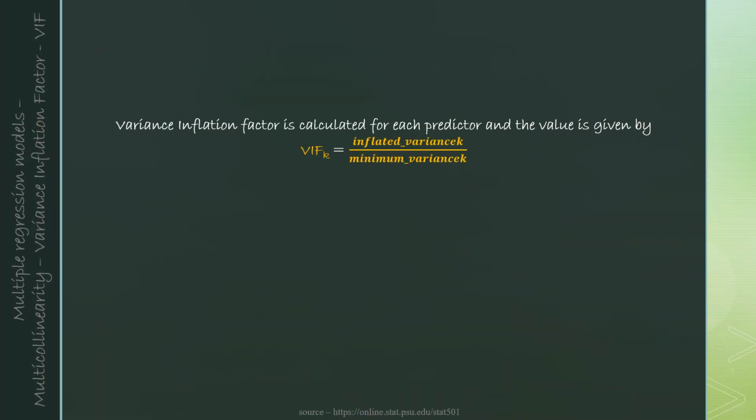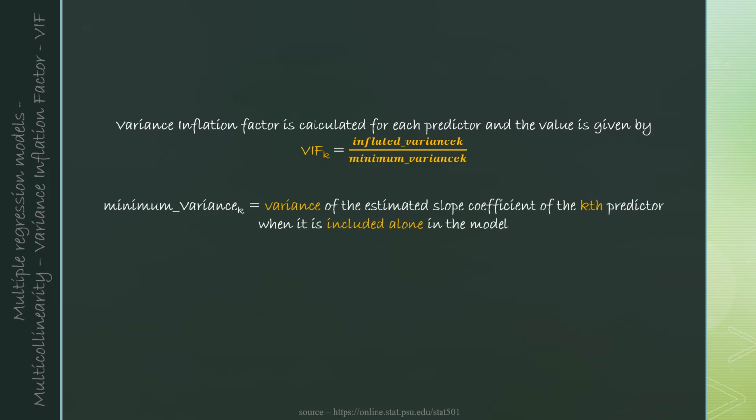Variance inflation factor is calculated for each predictor and the value is given by VIF k equals inflated variance k divided by minimum variance k, where minimum variance k equals variance of the estimated slope coefficient of the kth predictor when it is included alone in the model. Note, variance is minimum when the model does not include other predictors that are correlated to the one included in the model.